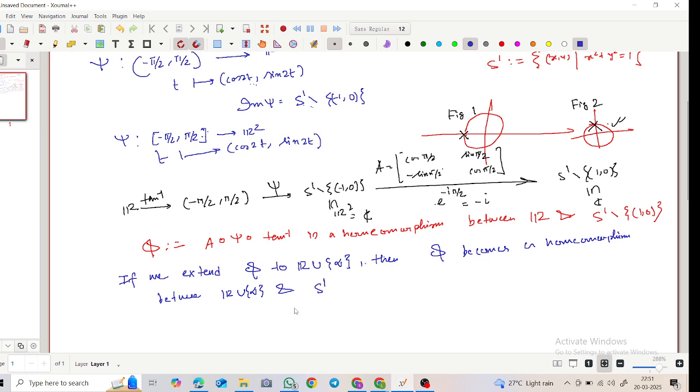Okay, the map is clear now. Phi of x is basically A compose psi compose tan inverse of x for x belonging to the reals, and (1, 0) if x equals infinity.